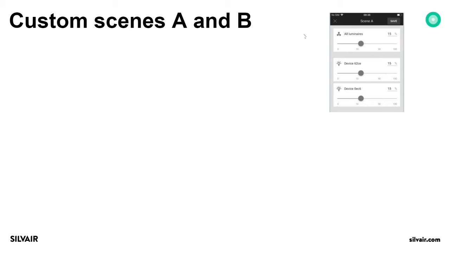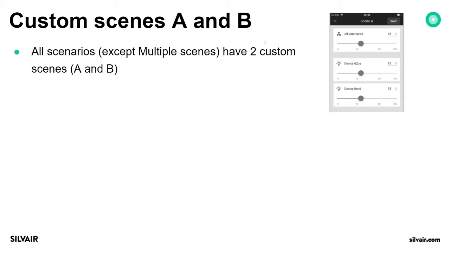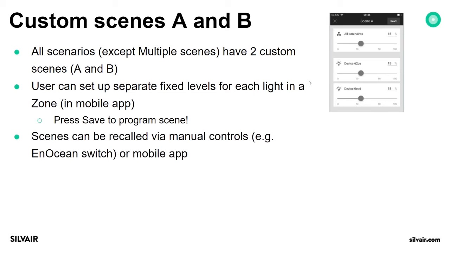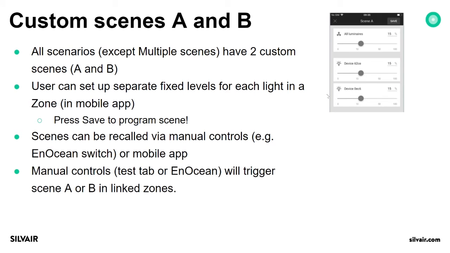Okay, now we have scenes. I've showed you the A and B behavior. It's easy to go back in the app settings and forget to save the scene. There is no prompt to save it. So the scenes also can be tested in the mobile app. I will show you the test tab later.